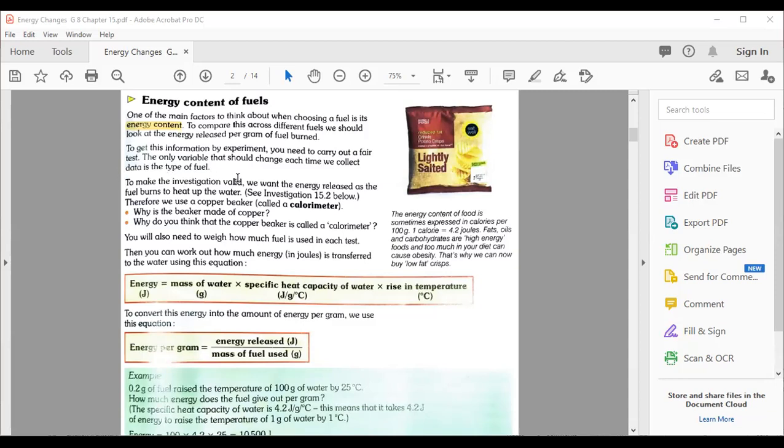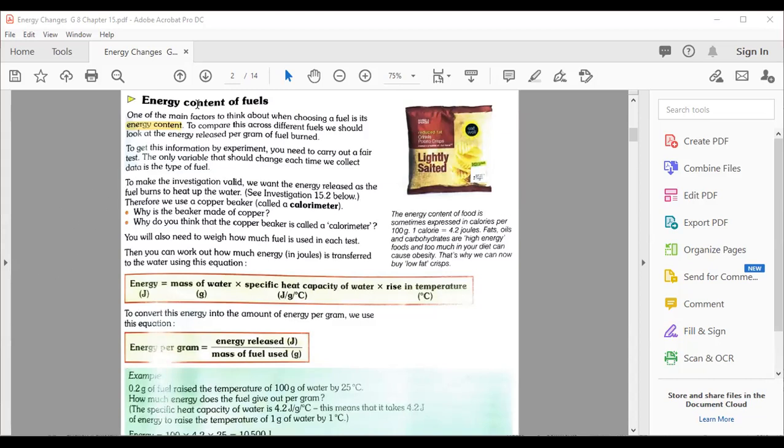To make the investigation valid, we want the energy released as the fuel burns to heat up the water. At that point, how do you calculate the energy released when you burn something?